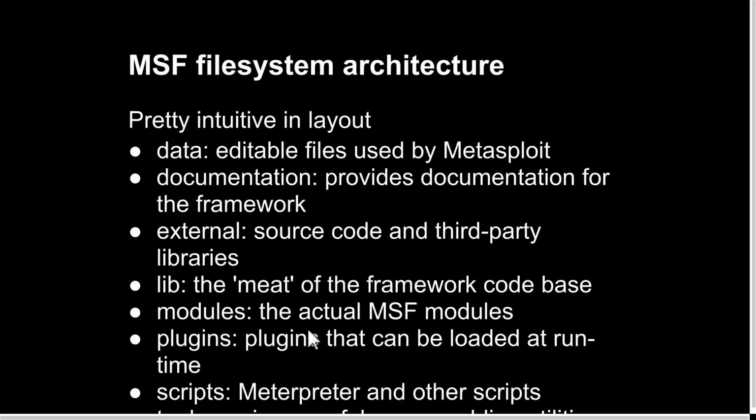Basically, data has editable files that are used for configuration and whatnot. Lib is really what provides the meat of the code base for the framework. So if you really want to get into the code of Metasploit, you will find all the good stuff there. Scripts are in the scripts directory, plugins are in the plugins directory, and you can have private custom plugins that are actually located somewhere else. And I'll cover that.